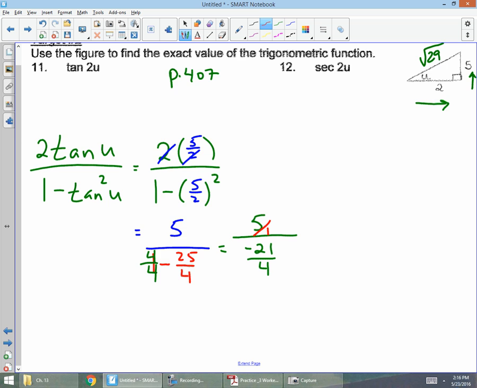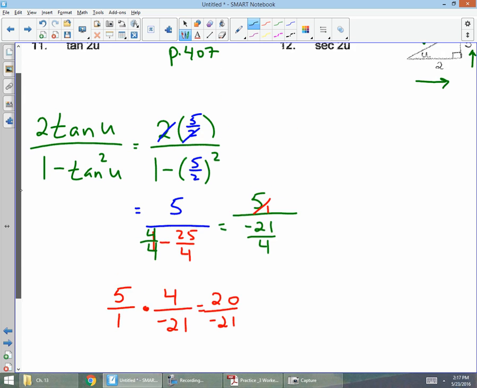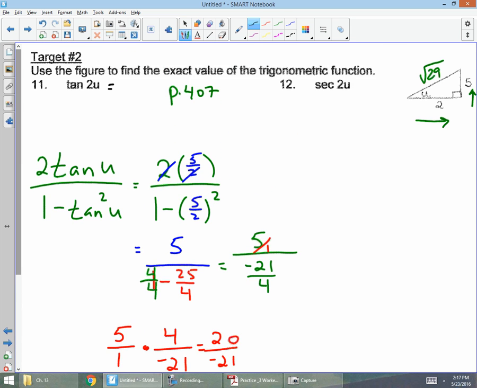You're 1 step away from being finished. 5 over 1 multiplied by the reciprocal of 4 over negative 21 gives you 20 over negative 21. And so the tangent of 2u is negative 20 over 21.